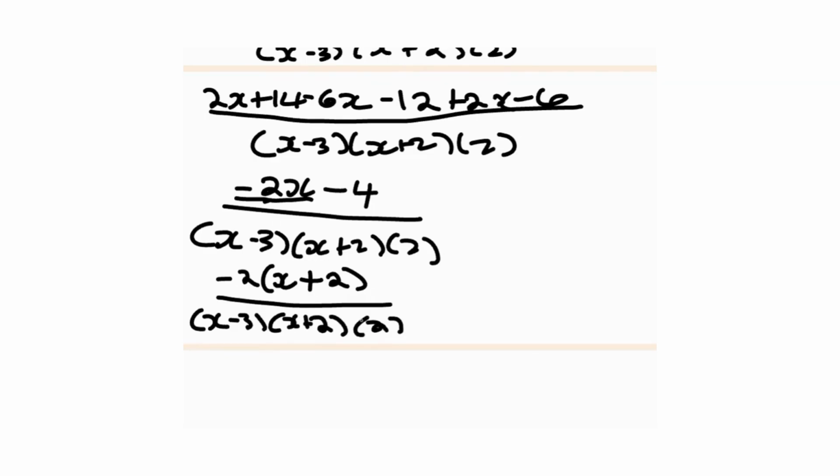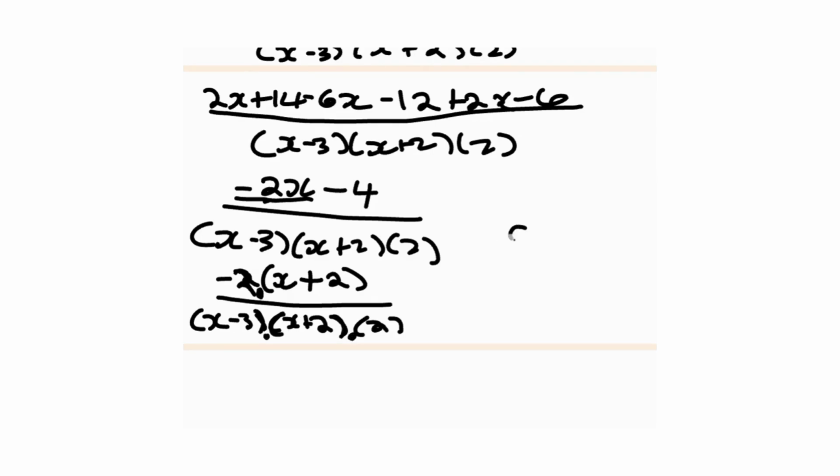Why didn't I want to FOIL out the denominator? Because now we are going to cancel out. Most importantly, when you cancel out, you can only cancel out if between the two terms, for example, you have a 2 and x plus 2, there is a multiplication between them. And also our bracket means there's multiplication in between them.